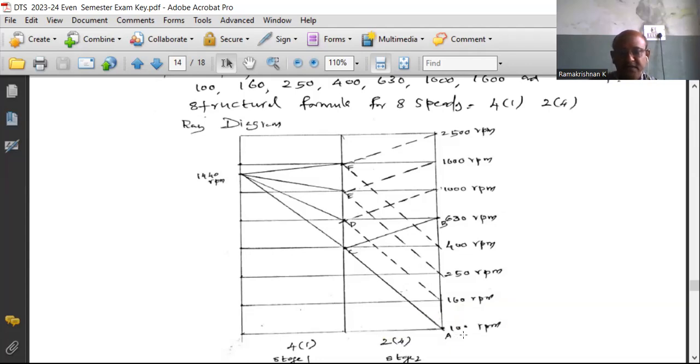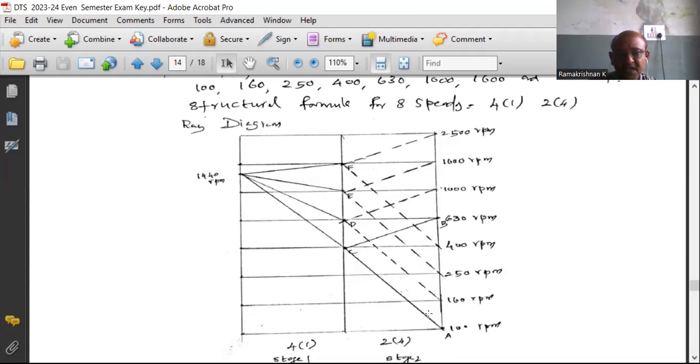By default, the lowest speed is considered as the 1 output speed, that is A, 100 RPM. Then one more output speed is found by skipping 4 spaces, 1, 2, 3, 4. Then you denote the letter B, that is 630 RPM. So for the second stage, the outputs are 100 RPM A and 630 RPM B.